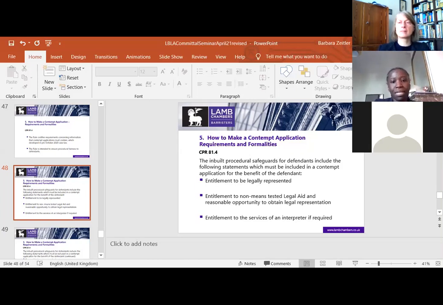And this has to be notified to the defendant as set out by CPR 81.42J. And I think that requirement to be told that they're entitled to legal aid is important, because most judges obviously now are very much aware that criminal legal aid in these types of contempt applications is available.